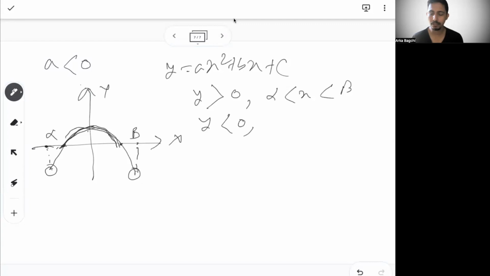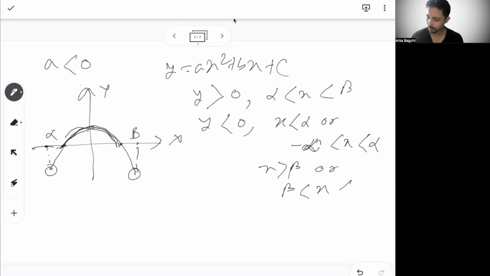So you can write x less than alpha, or minus infinity less than x less than alpha, and x greater than beta, or beta less than x less than plus infinity. So these are the two ways you can write it.